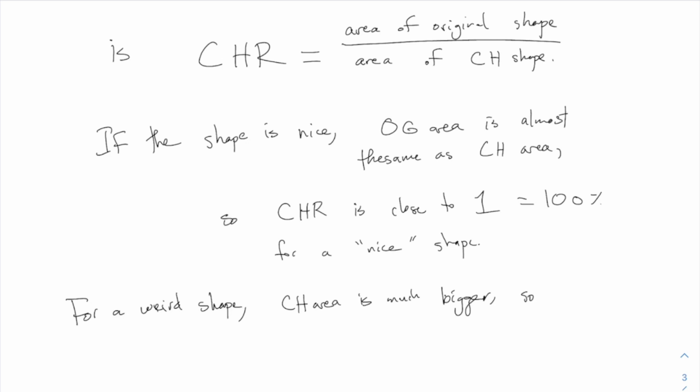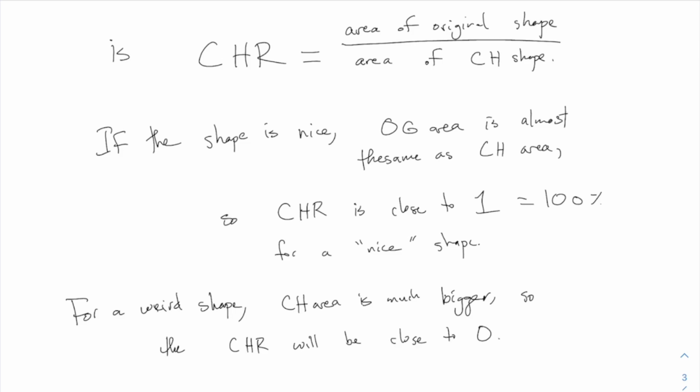So in this fraction here, the denominator is much bigger than the numerator, which means the fraction value will be close to 0, or as a percentage, 0%. So for a weird shape, the convex hull area is much bigger, so the convex hull ratio will be close to 0.